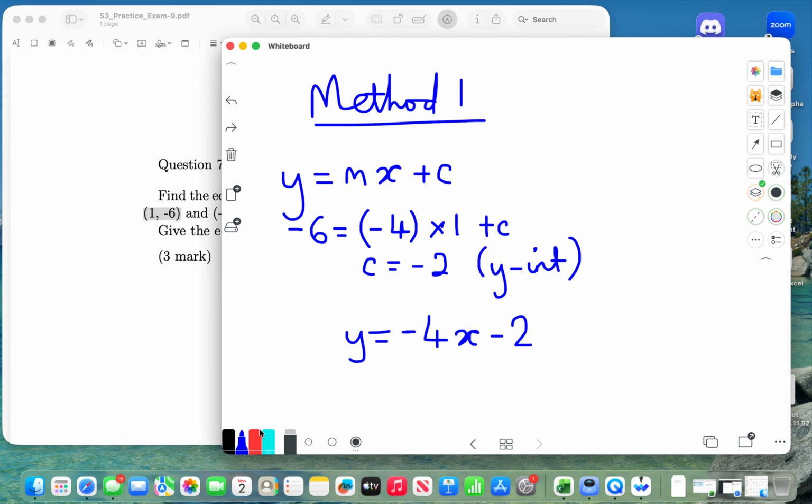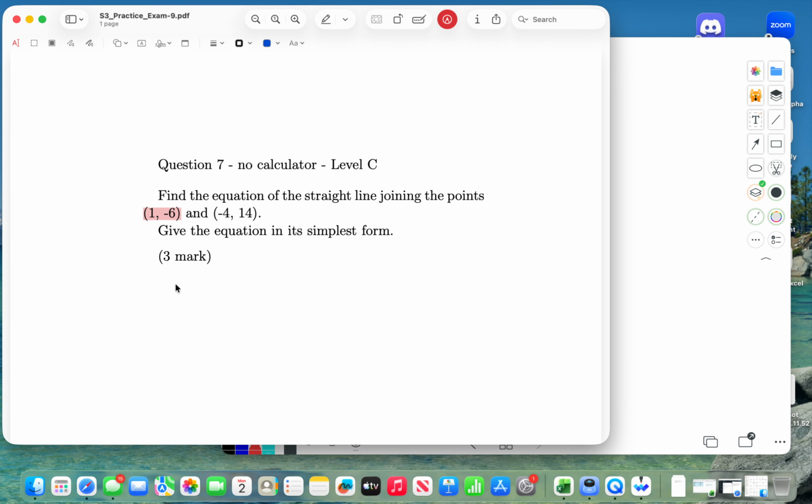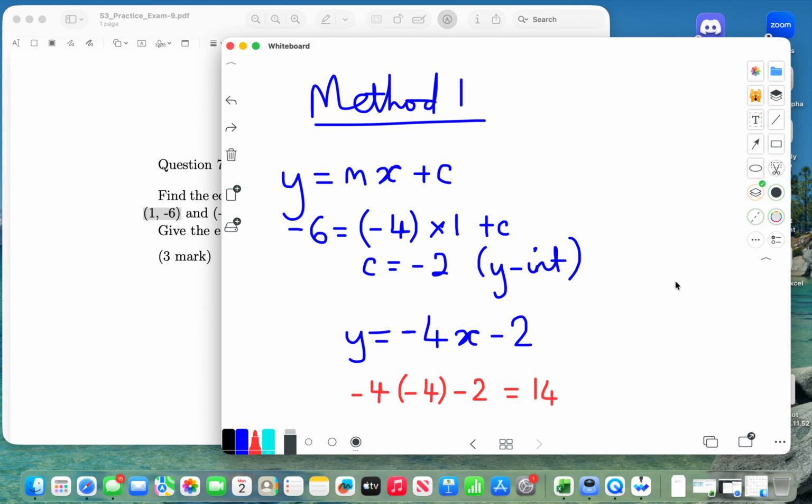So for this one we do minus 4 times minus 4 minus 2. Well, that's 16 minus 2, so that equals 14. So both points satisfy that equation. So we've established that's the equation, and that's the answer in its simplest form.